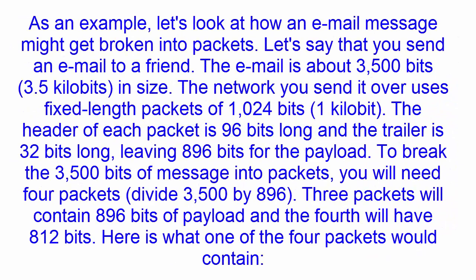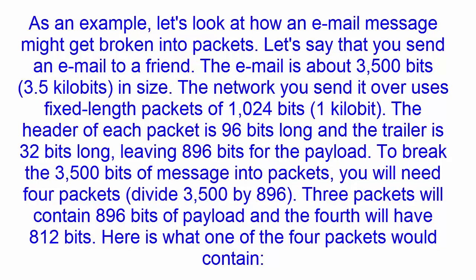As an example, let's look at how an email message might get broken into packets. Let's say that you send an email to a friend. The email is about 3,500 bits, 3.5 kilobits, in size. The network you send it over uses fixed-length packets of 1024 bits, 1 kilobit.